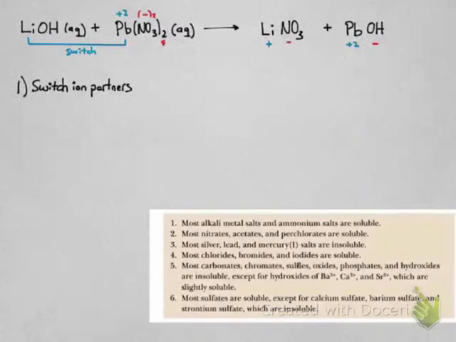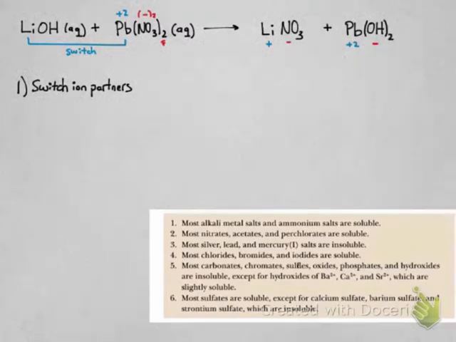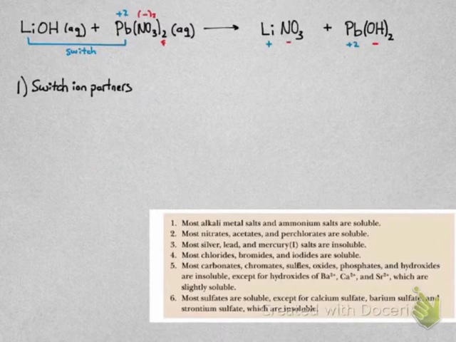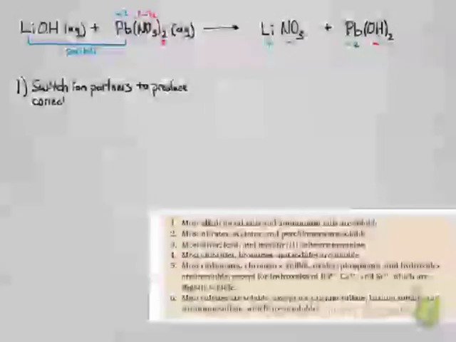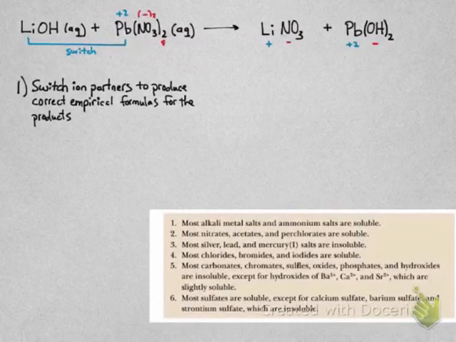And then that means that lead, in order to balance that, must be +2. So since lead is +2 and hydroxide is -1, we need 2 hydroxides for every lead cation. And so these are the empirical formulas for the correct products. That looks good. And let's just clarify, switch ion partners to produce the correct empirical formulas for the products.